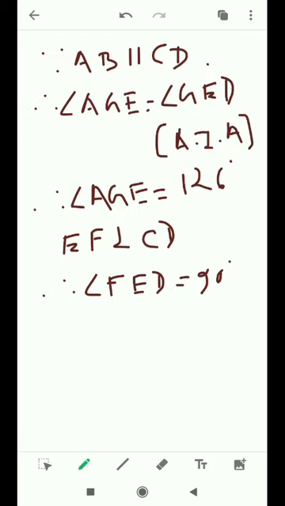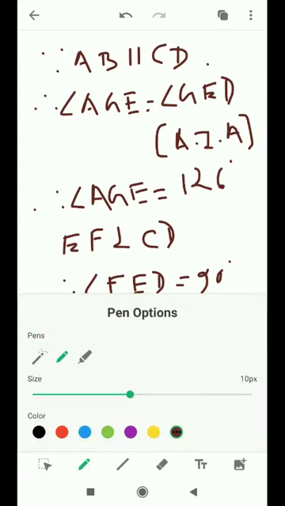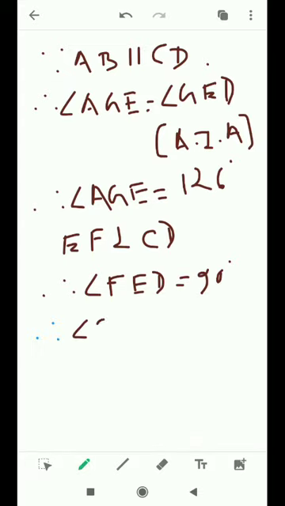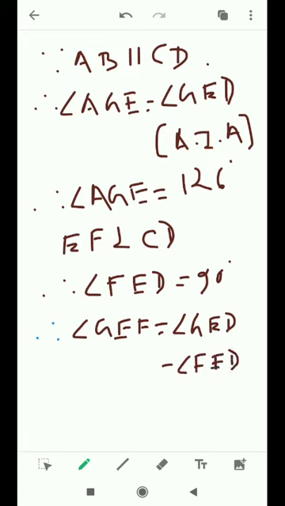So that one only we will write. Therefore angle ZEF will be equal to angle ZED minus FED. So ZED is 126 degree, FED 90 degree, so we will get 36 degree. So we have got angle ZEF.